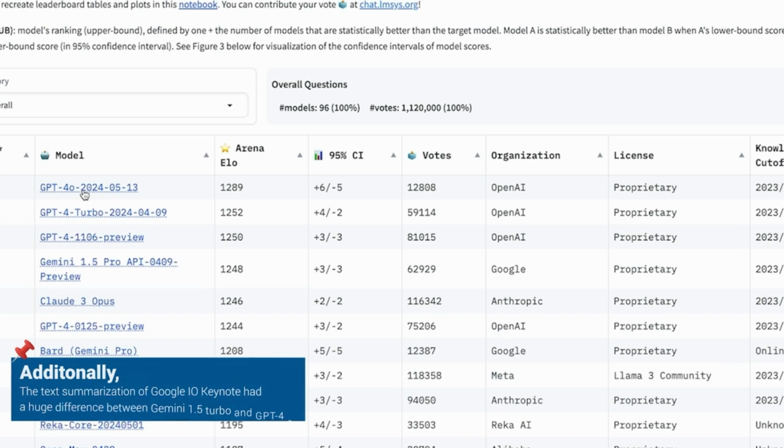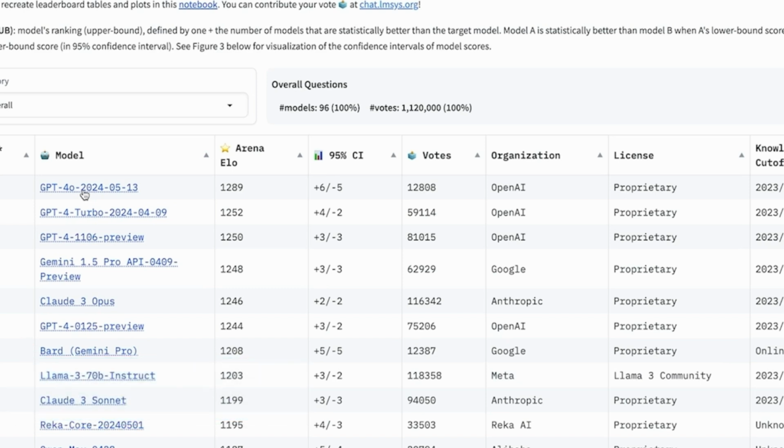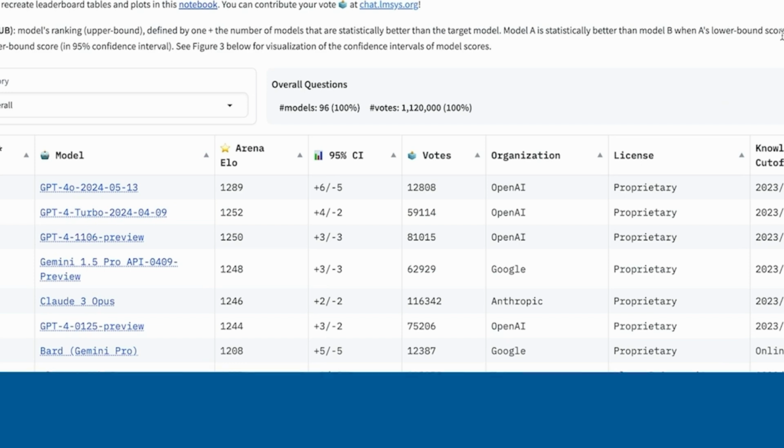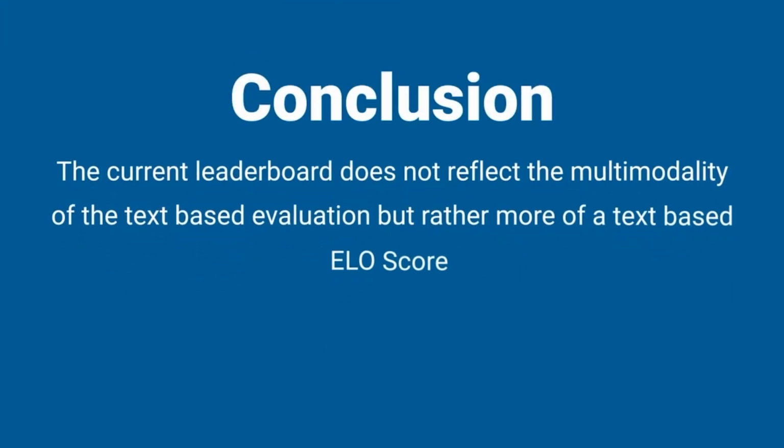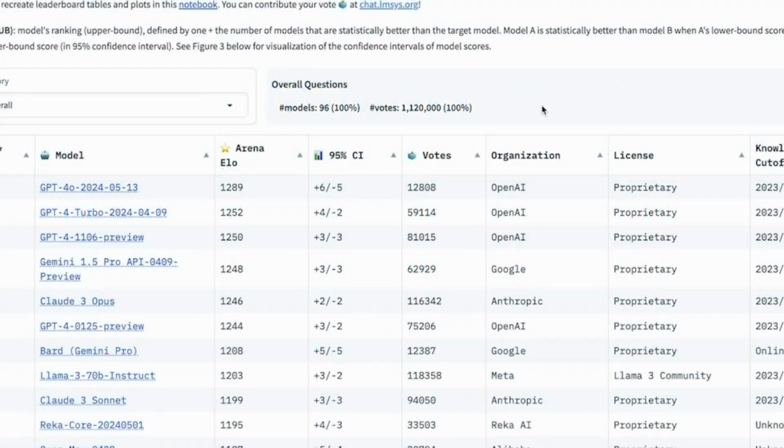It couldn't identify all the models, and it added some items that were really not models, but hardware or GPUs. And Gemini actually identified all the models announced in the keynote. And our conclusion is that this leaderboard currently is not reflecting the capabilities of the models.